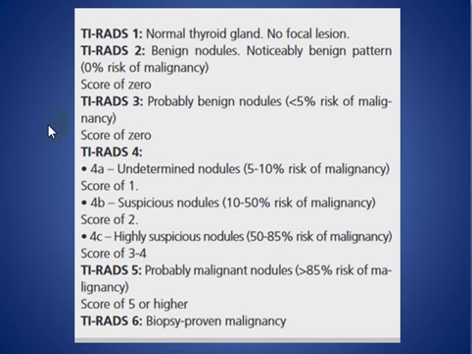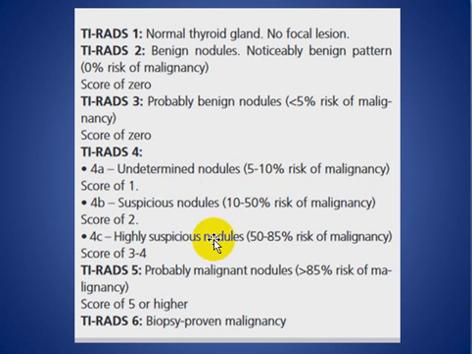In summary, thyroid RADS type 1 is a normal thyroid gland. Type 2 is a benign nodule as described, with 0 malignancy and score 0. Type 3 is probably benign with score 0. Type 4 has increased risk of malignancy according to the subtypes.